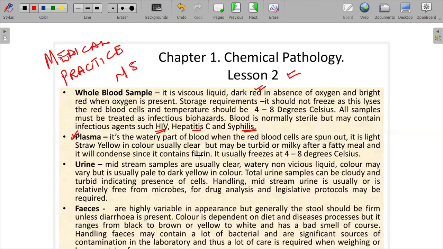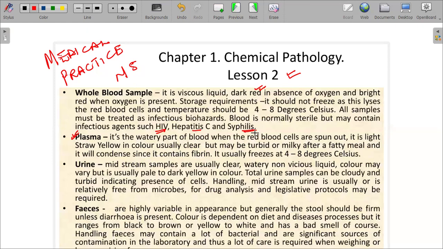Since it contains fibrin, we need to understand that plasma is the watery part of blood found when the red blood cells are spun out. It is light straw in color, clear, and can also be milky after a fatty meal.